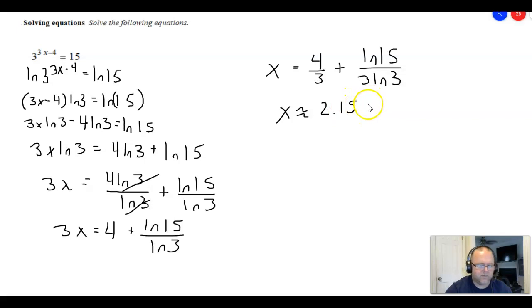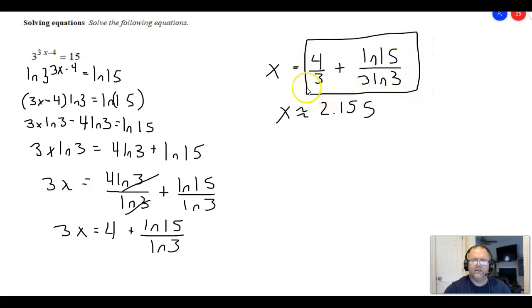And this is an irrational number, so it's going to go on forever. So once again, with this one, I'm just rounding to the first 3 decimal places. So if you want to leave it as an exact answer, you would leave it like this. And if you want to leave it as an approximation, it would be left like this.